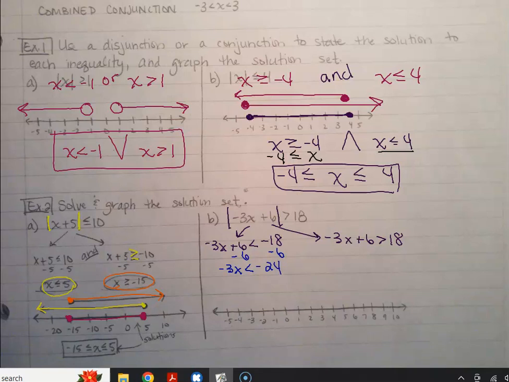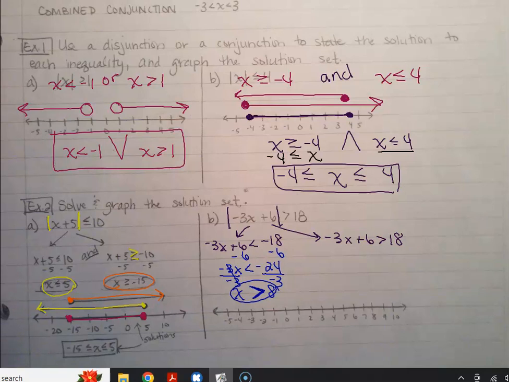Okay. Abigail, what's next? Divide by negative 3. Ooh, I'm dividing by a negative. What do I have to do? Flip the sign. Okay, good. So then my negative 3's cancel. X is greater than, what's 8? A positive 8. Perfect. I don't have much room there to graph, so I'm going to graph it below.